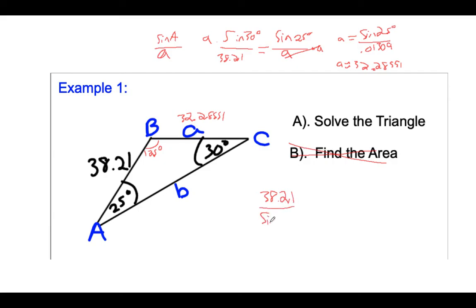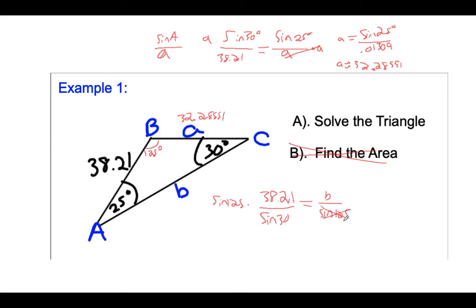Either way would work. Equals, well, we're trying to find b. So you'd have little b over sine of 125. So to solve for b, all you have to do is multiply this sine over. So you have sine of 125 times this number right here will equal b.